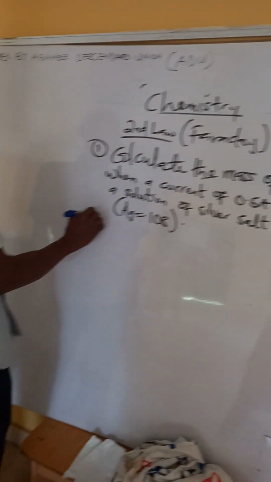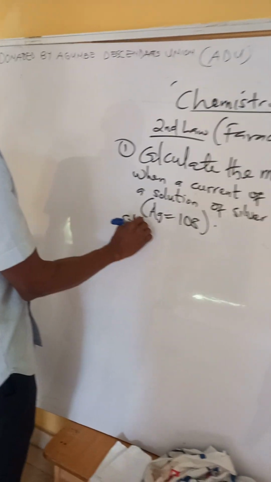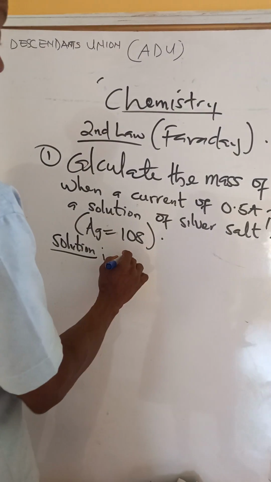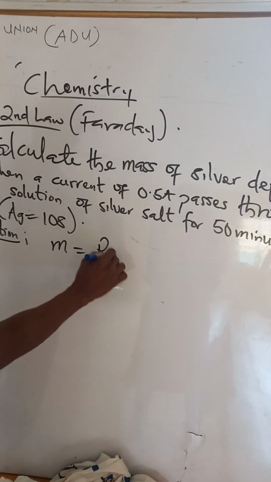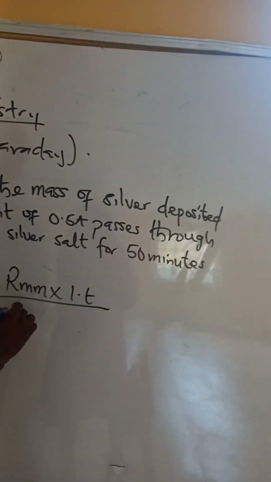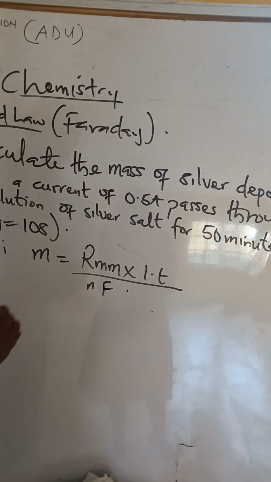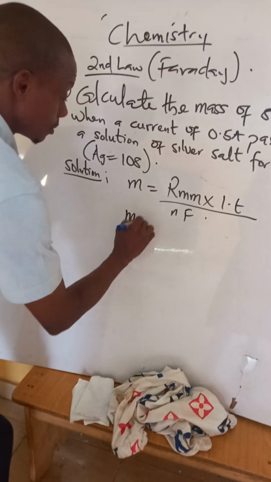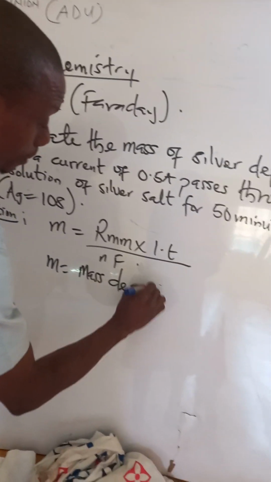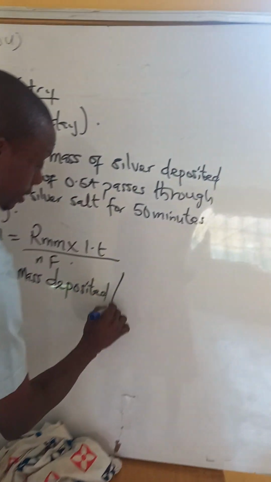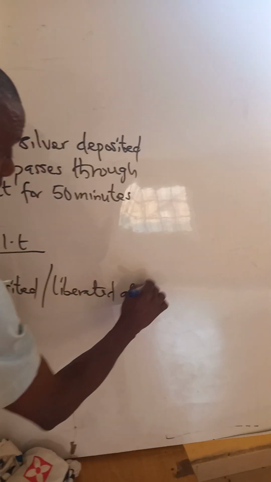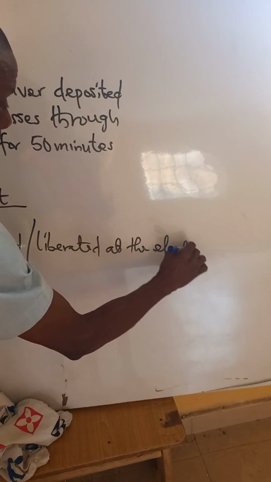So the solution. We are going to use this formula: M is equal to RMM multiplied by I T divided by N F. Let's define our terms. M is mass deposited or liberated at the electrode.